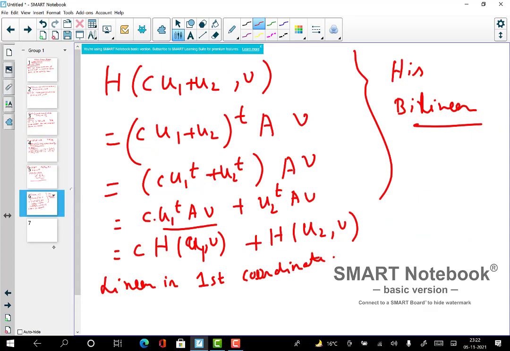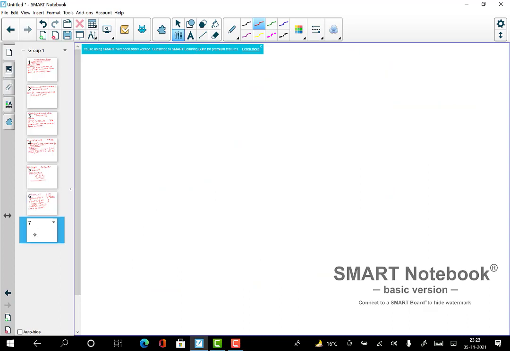Okay, so what does that mean? That means given a matrix you can define a bilinear form, right? Obviously, and there will be a question about the converse, and this is also true, but before that let us discuss some more properties. Okay, so some properties of bilinear forms.